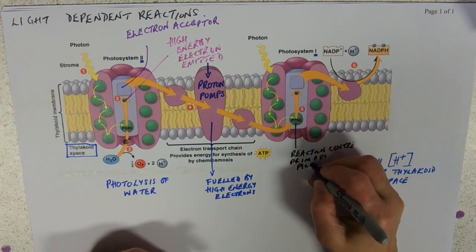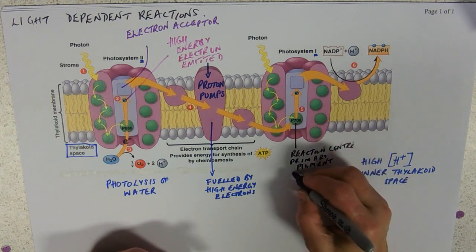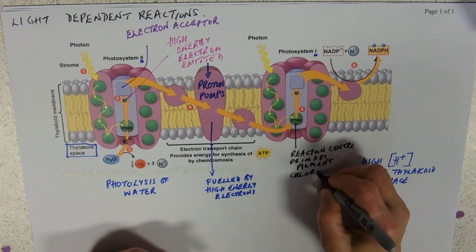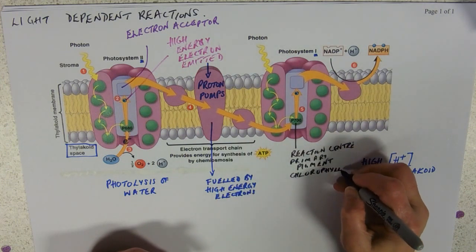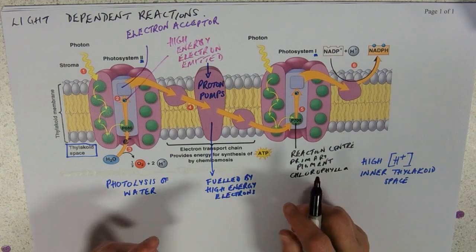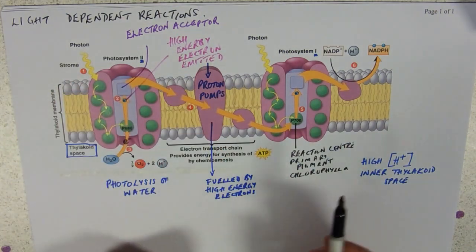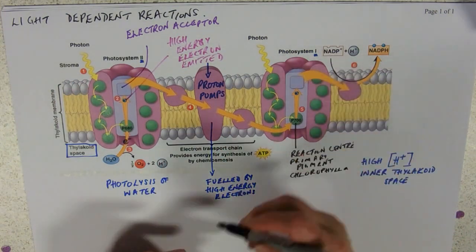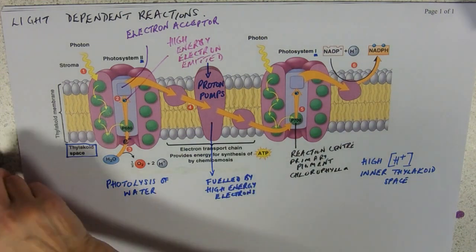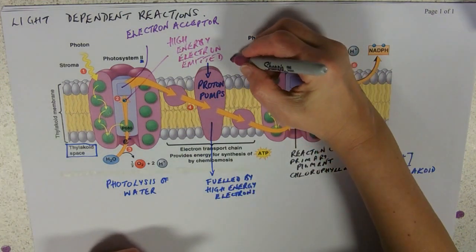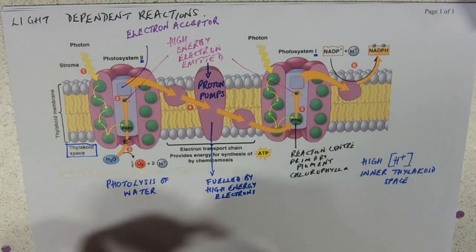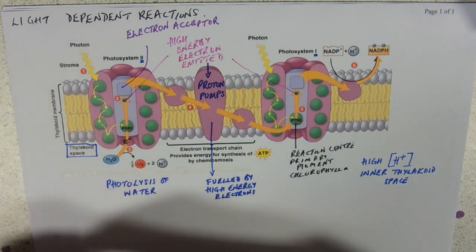So just like Photosystem II, that's chlorophyll A. And that chlorophyll A does exactly the same as the chlorophyll A in Photosystem II. It gives off a high energy electron to an electron acceptor.